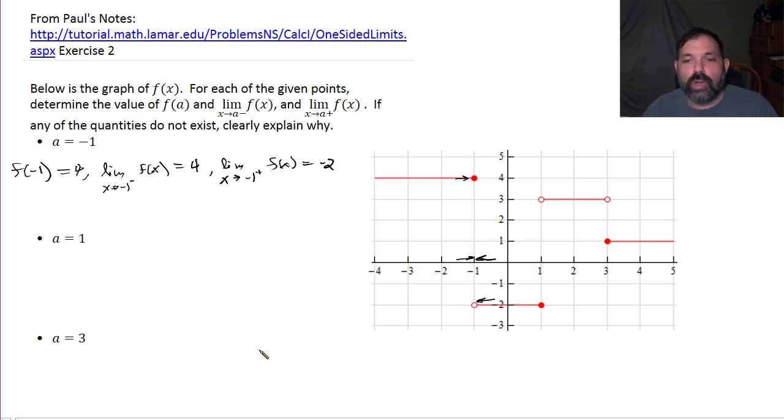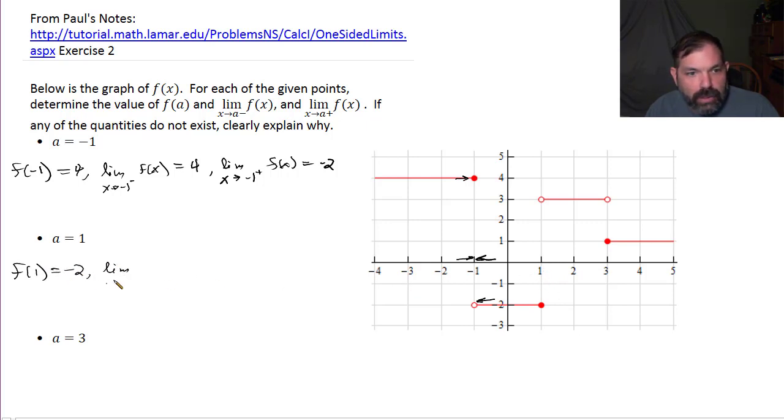Why don't you pause and try these other two examples on this page? All right, if a equals 1, f of 1, going to the solid point when my input is 1, f of 1 is negative 2.